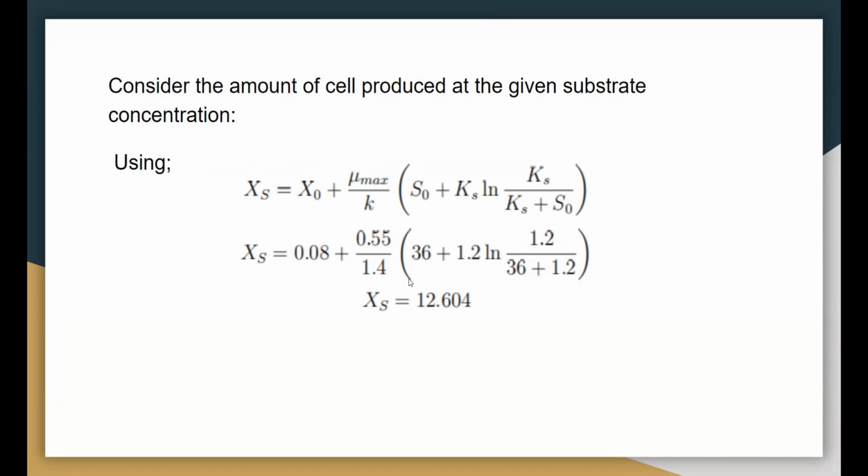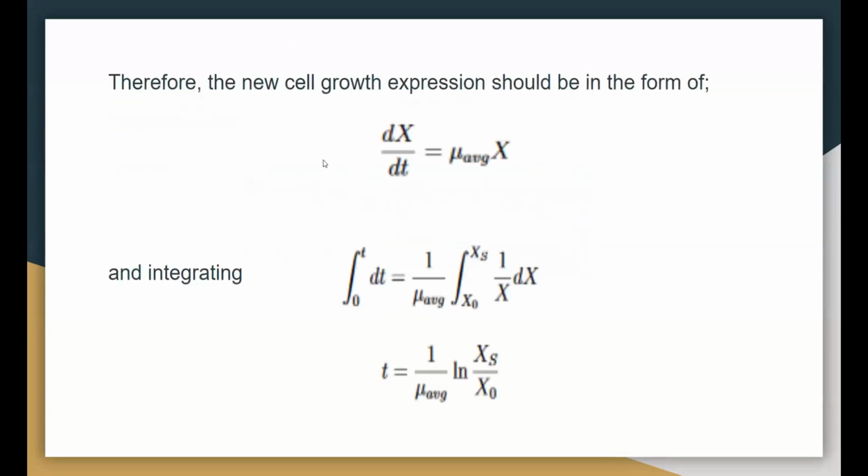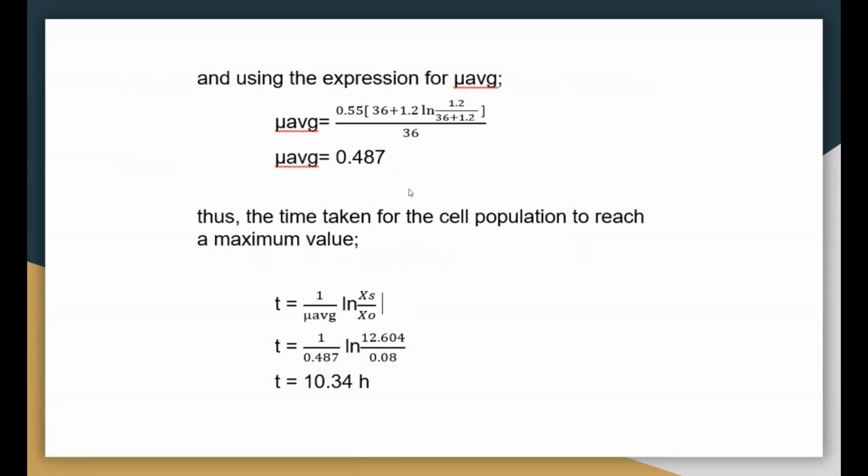Okay, and after we fill it in, we get xs equal to 12.604. Then we also need to find the average specific growth rate, because if you refer to this equation, we have this value and this value, but we don't have this value. So basically we need to find the average.